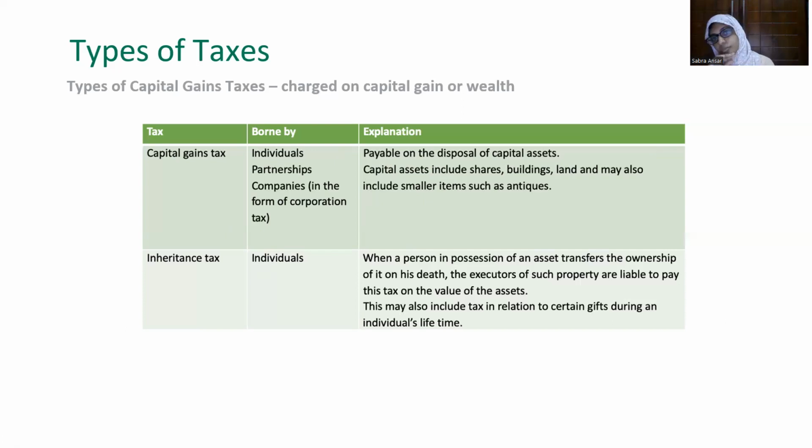So what happens here is that when you sell your assets, it is payable on the disposal of capital assets. In capital gains tax, there will be a value of your particular capital asset, which is included in your accounts.